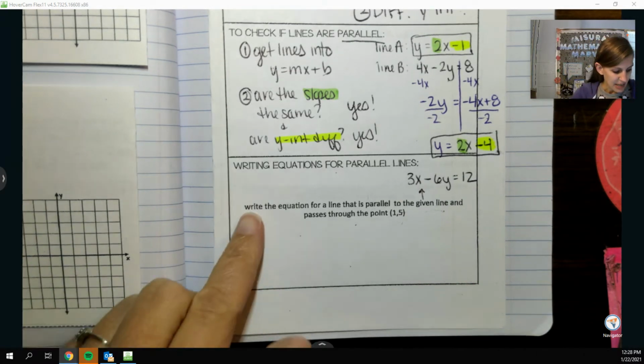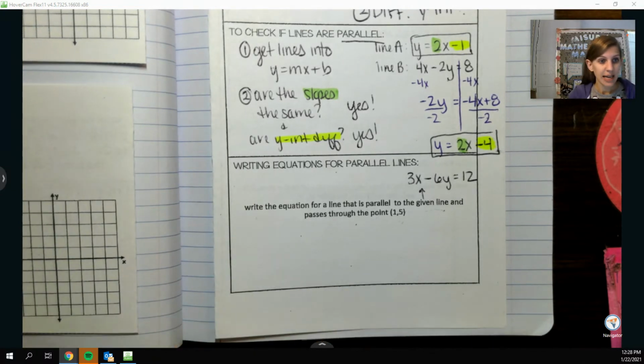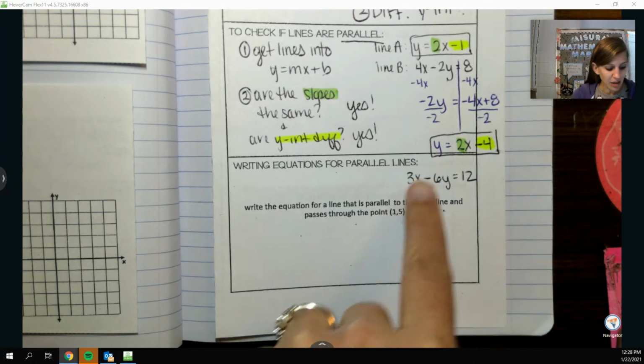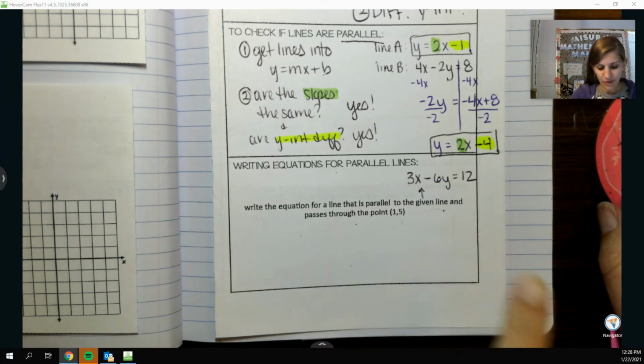When they ask me to do a question like this, write the equation of a line, I need to write the new equation of a line here. So it's not going to be this one, it's going to be a different one that is parallel to that one and passes through the point.